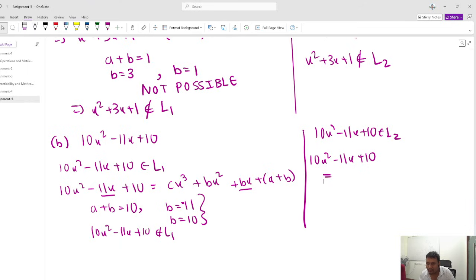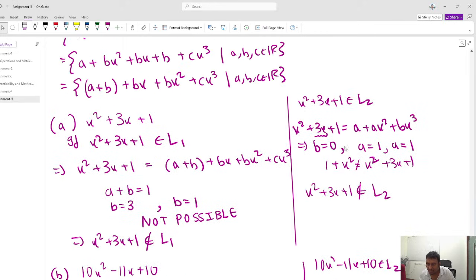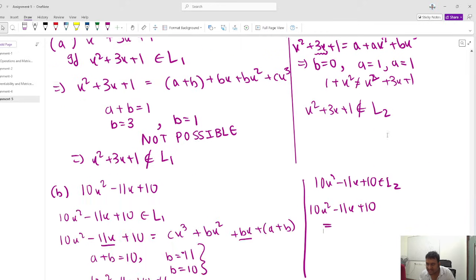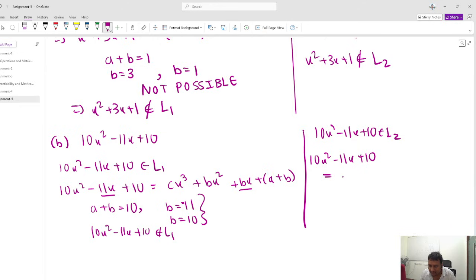Let me see what it was. Yeah, a plus ax square plus bx cube. Whatever this will be, you can never have 11x, right? Any value you take of a and b. So this is also not possible. So 10x square minus 11x plus 10 does not belong to L2.